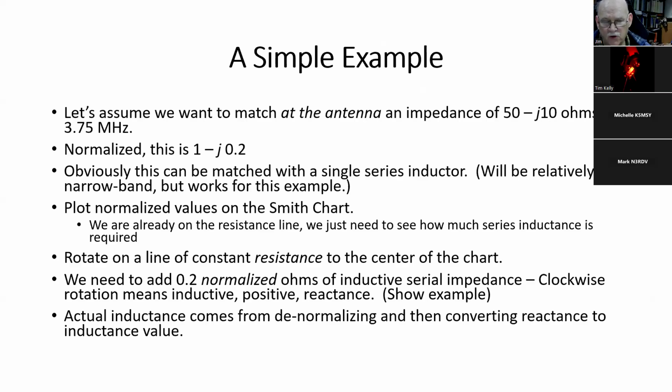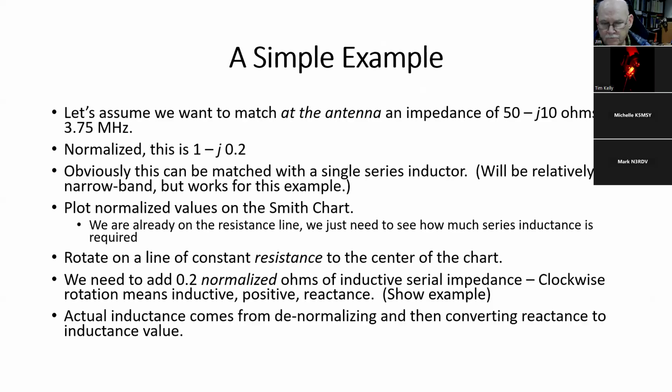So we plot the normalized values on the Smith chart. We are already on the resistance line 1.0. We just need to see how much series inductance is required. So we rotate clockwise on a line of constant resistance to the center of the chart. And then we see we need to add 0.2 normalized ohms of inductive series impedance clockwise.